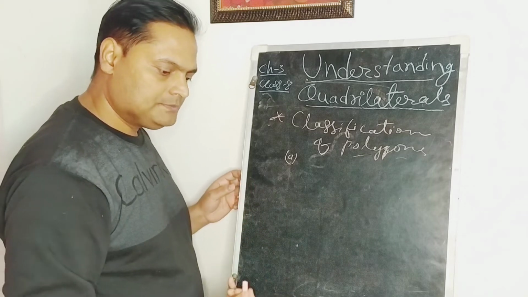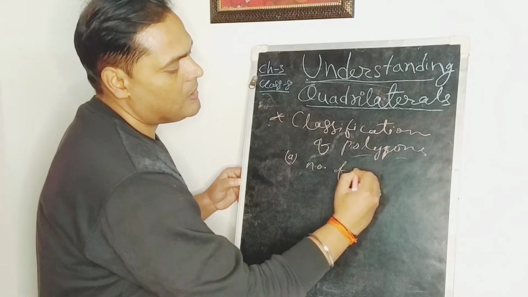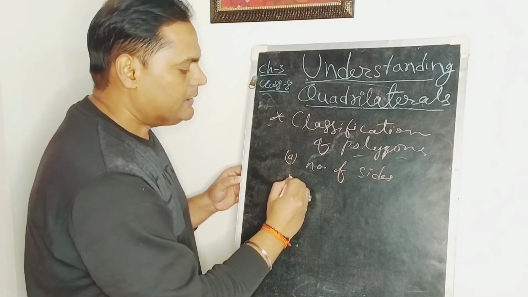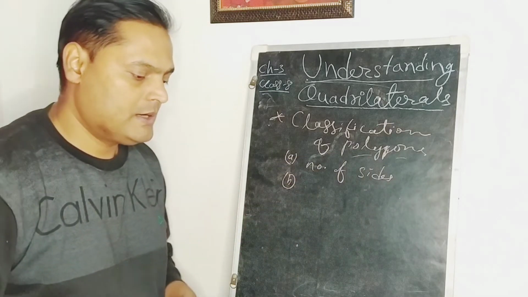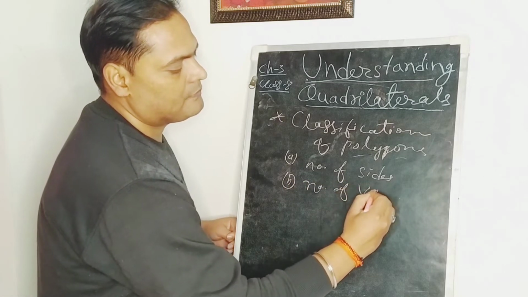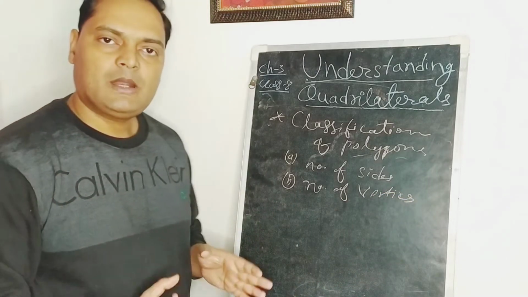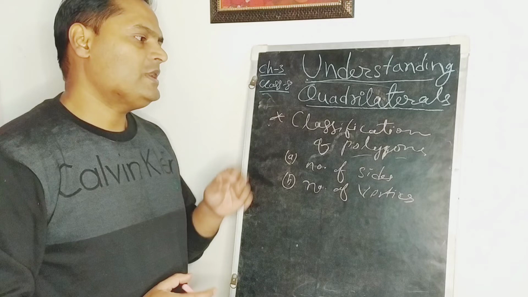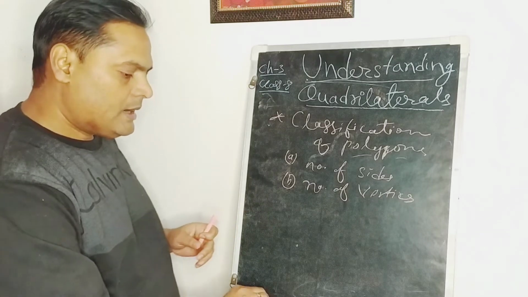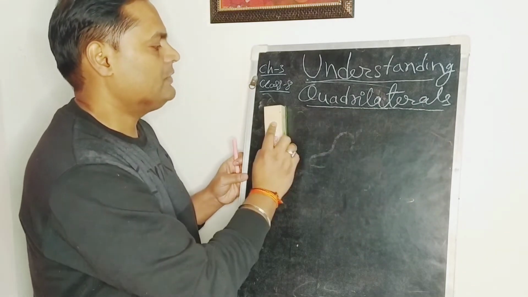The first one is the number of sides of a polygon, and the second one is the number of vertices. These 2 parameters help to classify the polygons easily. Let's elaborate on this topic more and see some examples on the basis of the classification.